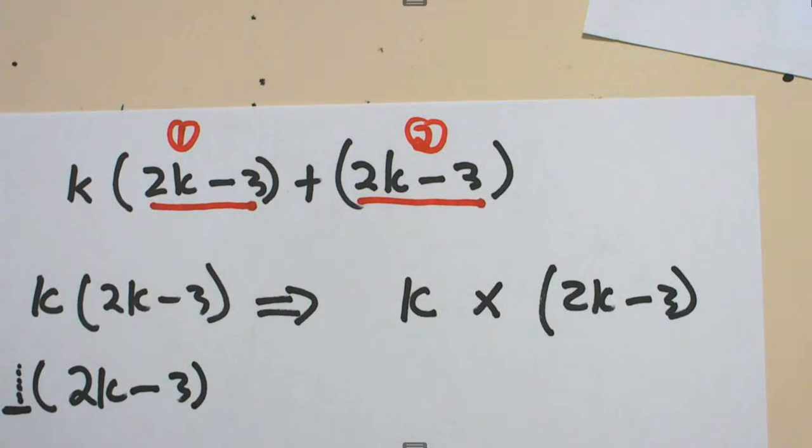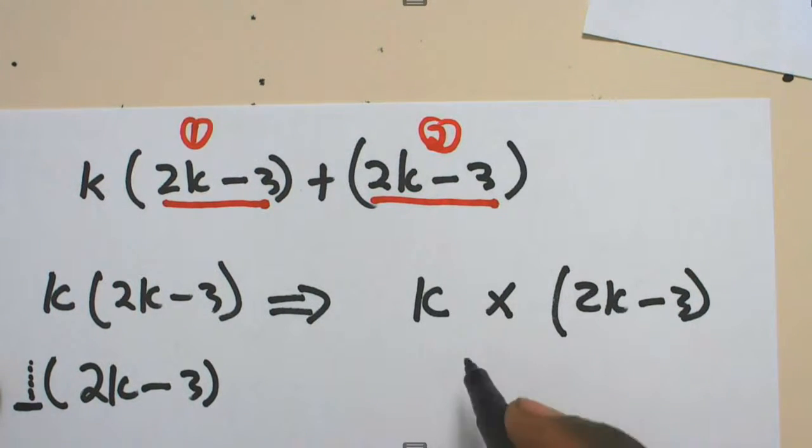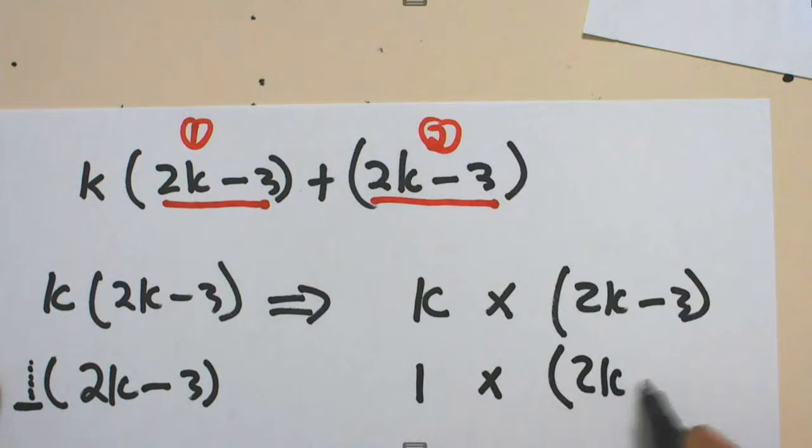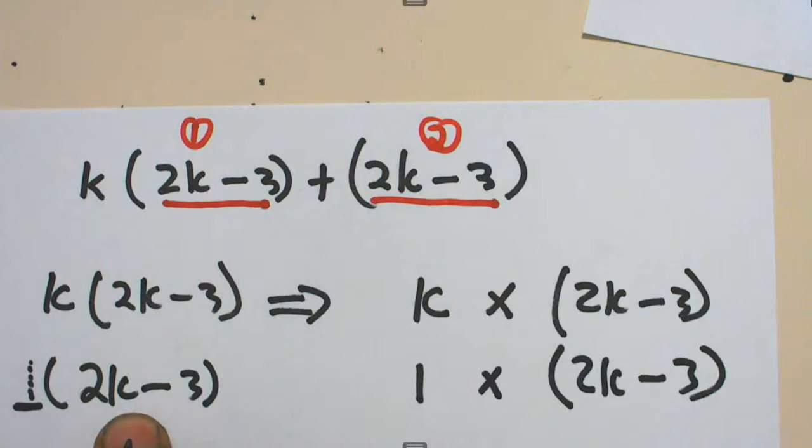The factors are 1 multiplied by 2k minus 3, because when you multiply by 1, you're going to have the same term again.